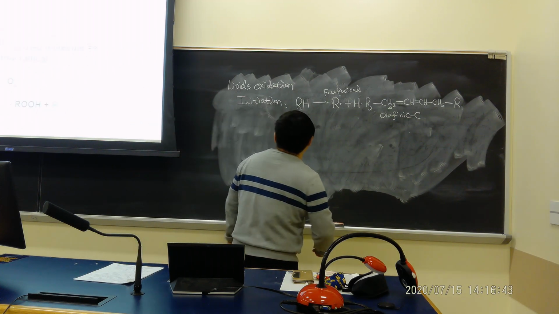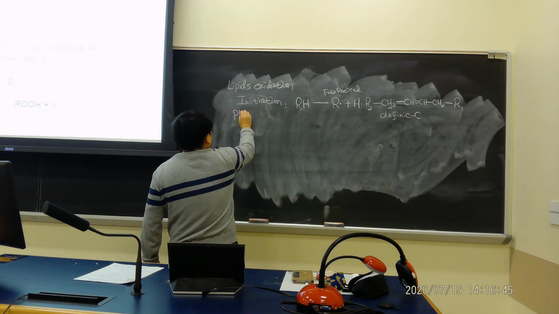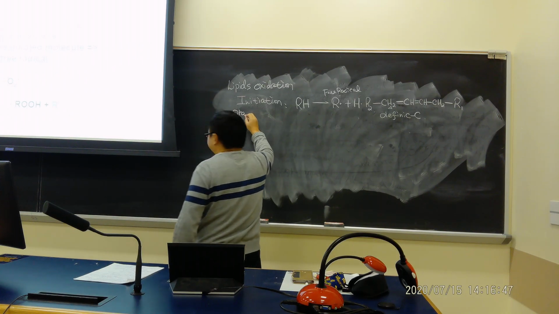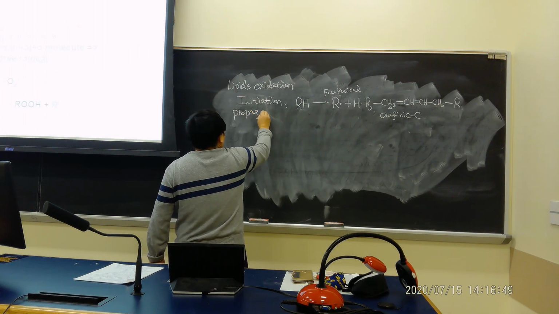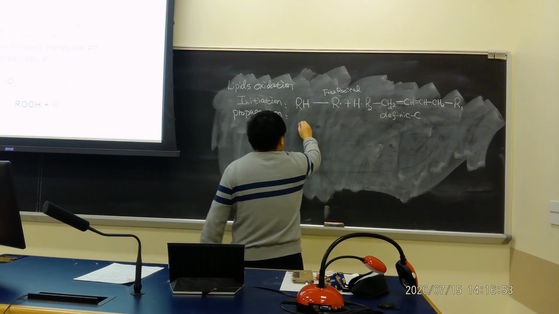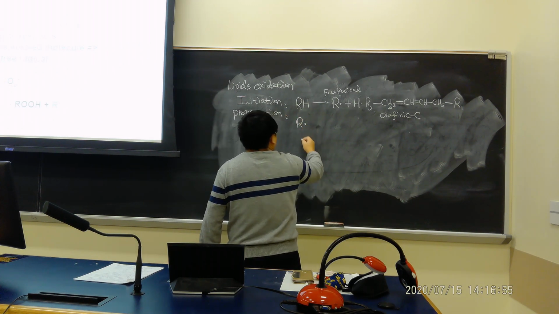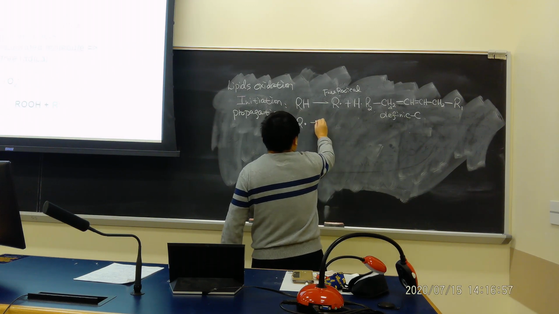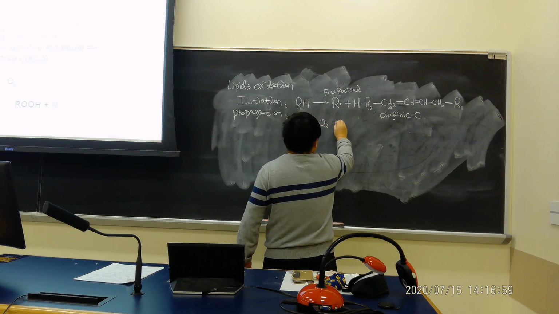The second step is propagation. Now, what's going to happen in propagation? This free radical will find an oxygen and then become what?